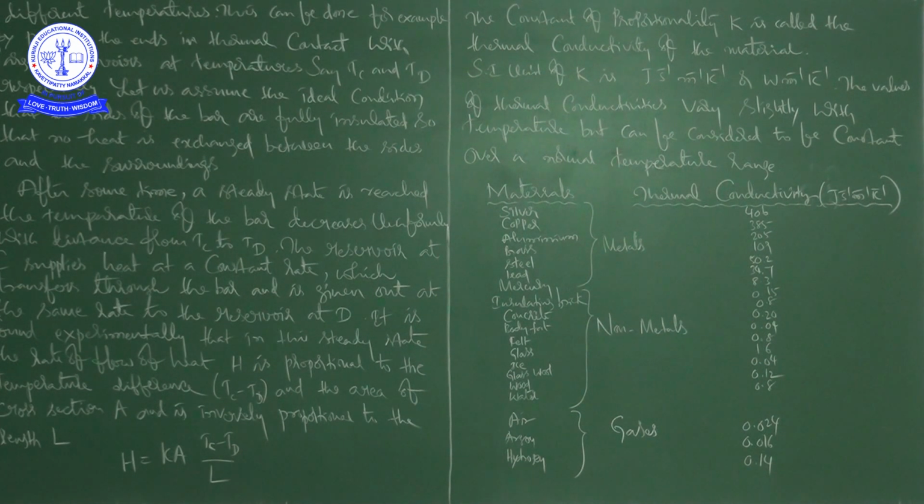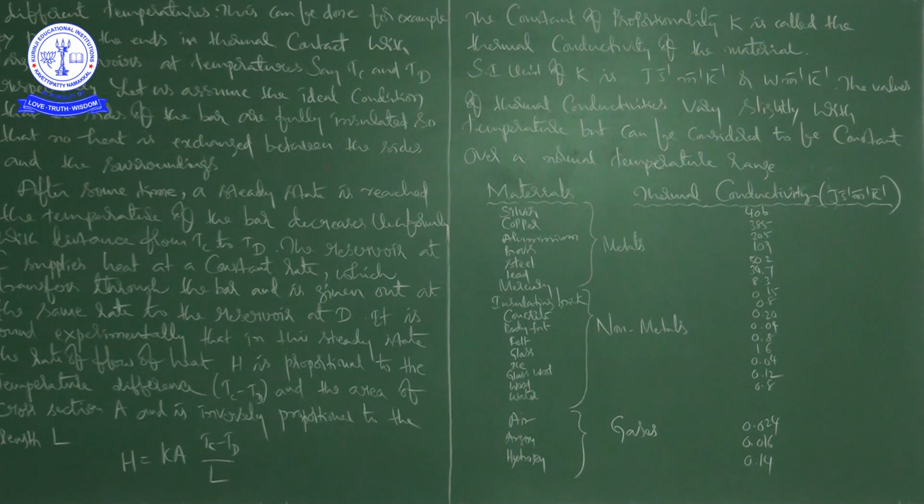For example, insulating brick is 0.15, concrete 0.8, body fat 0.20, felt 0.04, glass 0.8, ice 1.6, glass wool 0.04, wood 0.12, water 0.8.